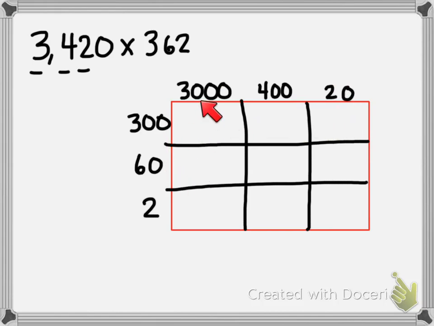So this would be 60 times 3,000, 400 times 60, 20 times 60. This would be 2 times 3,000, 2 times 400, 2 times 20. I'd find the products for all those, and then I would add them all up. So that's how we multiply in class. Give that a try. Let me know if you have any issues with that.